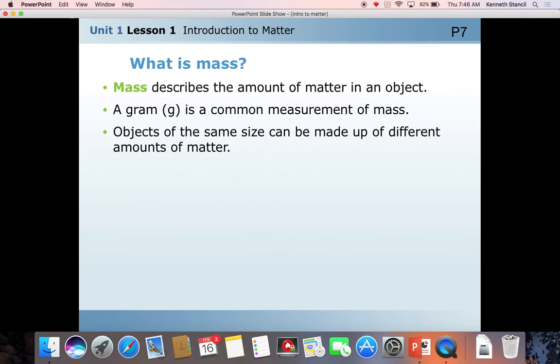Even though they're both the same size, one is going to contain more matter and be denser. These tables. If one of these tables is made out of steel, one of these were made out of plastic, but yet they were the same size and all that, which one would be heavier? The steel one, because it would contain more matter.